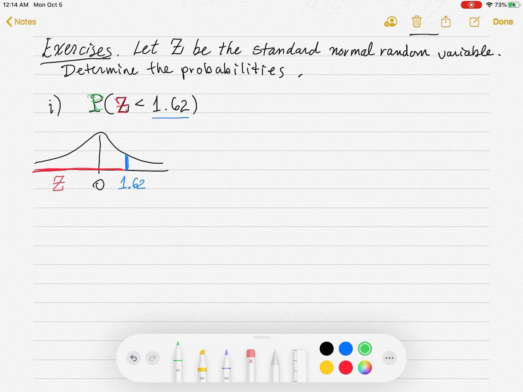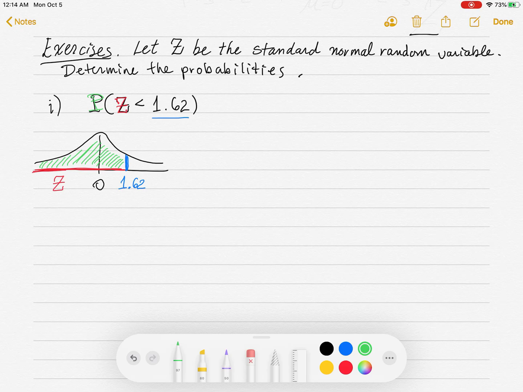So remember what we said about finding probabilities. Probabilities are areas under these density functions. So I'm going to calculate the area underneath this density function that's to the left of 1.62.